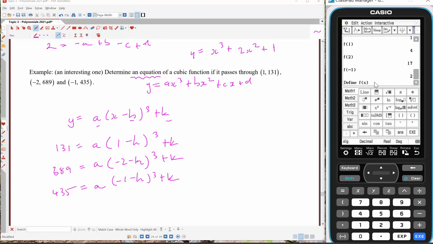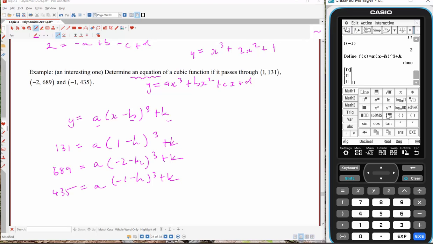Define f of x equals a times x take h all cubed plus k. Where's k? Okay, so let's hit the simultaneous equations template 3 times.